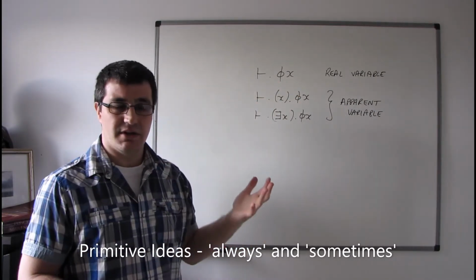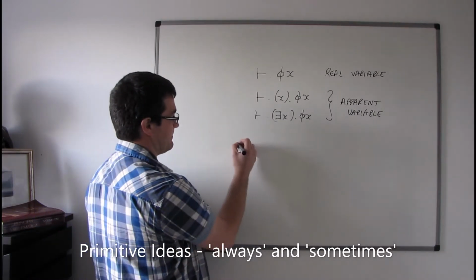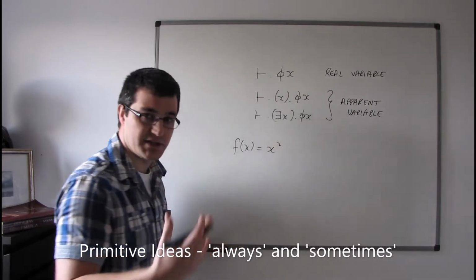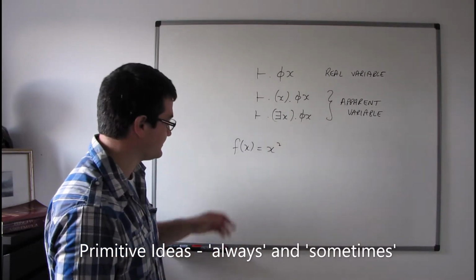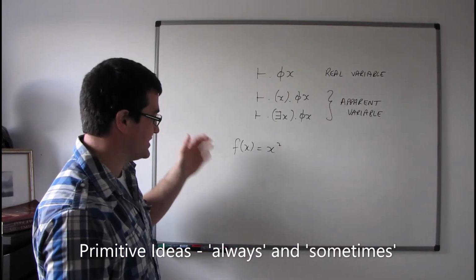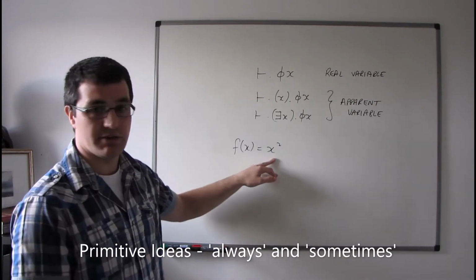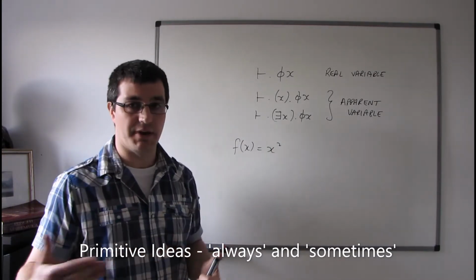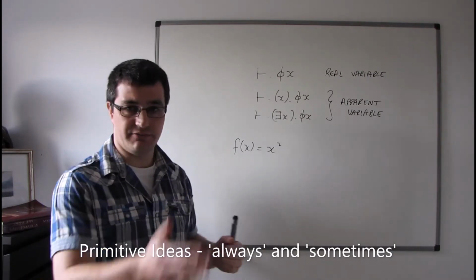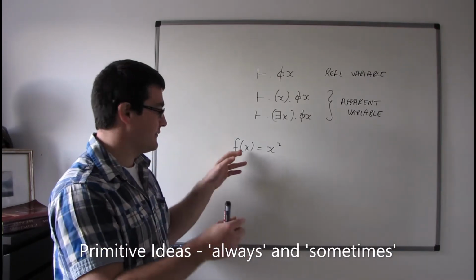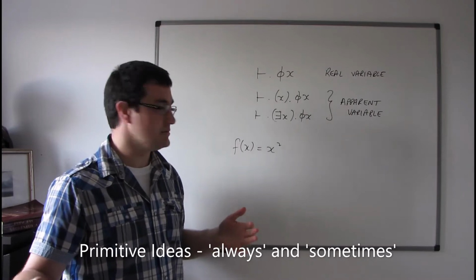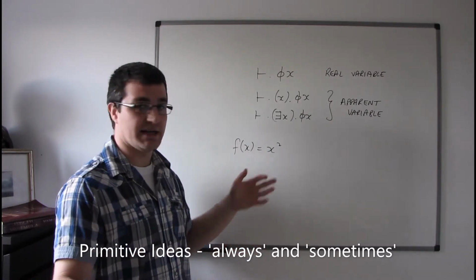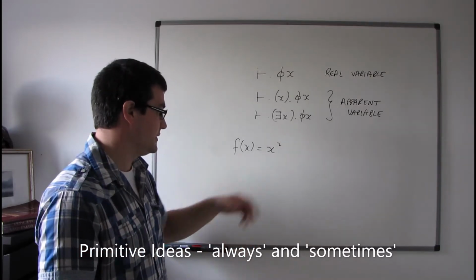The comparison is something like, if I've got f of x equals x squared, it's similar to the following analogous situation, I guess. If I've got f of x equals x squared, x can genuinely vary here. So I put different values of x in, I get values of my function out. So I replace x with 3, I get 9. Replace x with 5, I get 25.